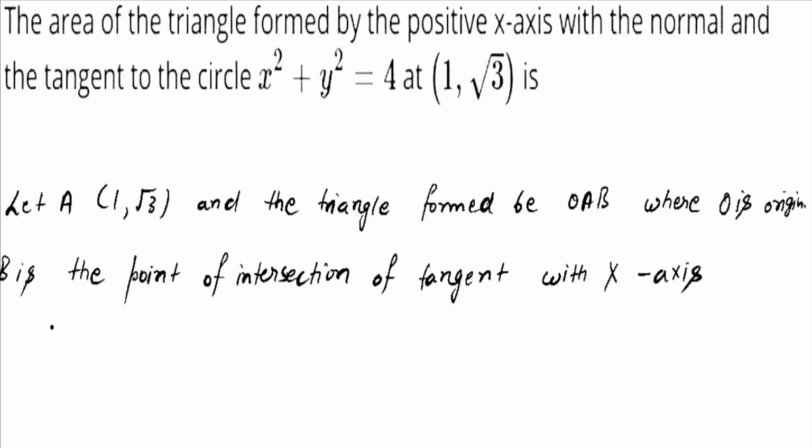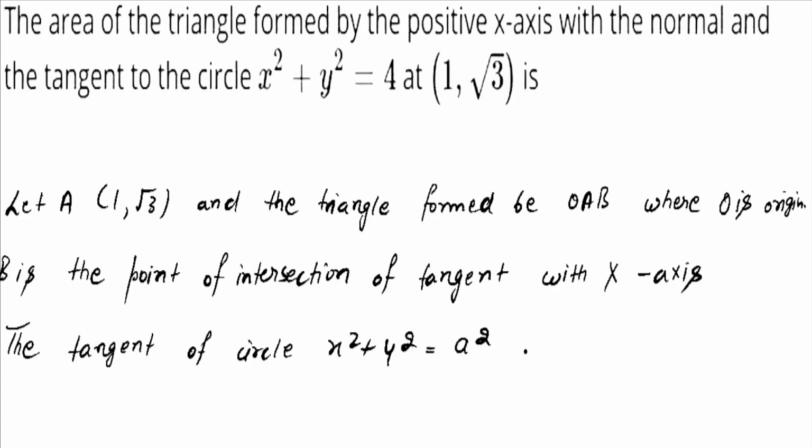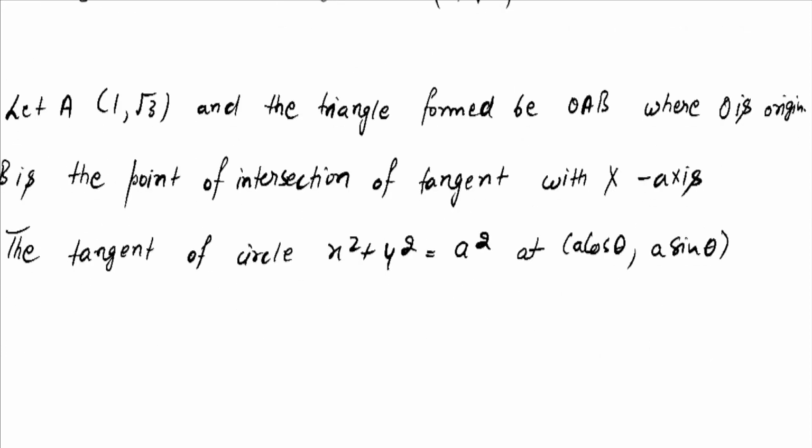So we can say therefore the tangent of the circle having the equation x square plus y square equals a square, at (a cos theta, a sin theta), is x cos theta plus y sin theta equals a.